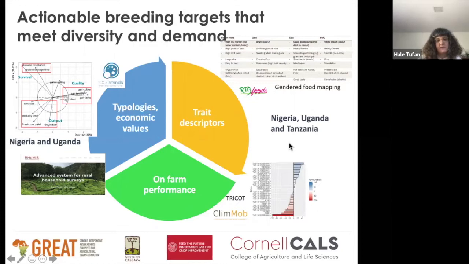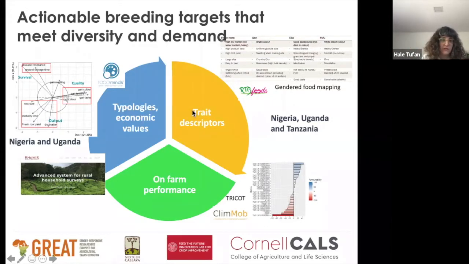And the last part is the on-farm performance. So we're using a method called TRICOT, which I'll explain a little bit later. But the idea here is that in these first 2, the top quadrants, what we're asking is for an explicit articulation of the desired traits and the rankings of those. But what we see is sometimes implicit choices don't really follow those explicit articulations.